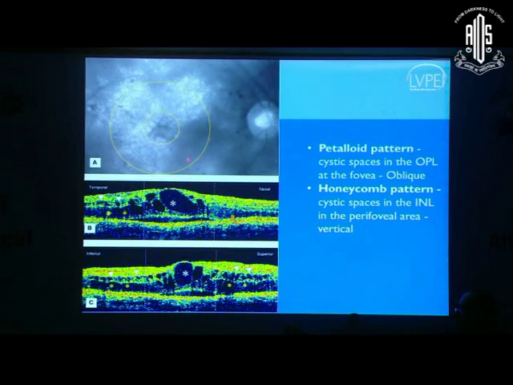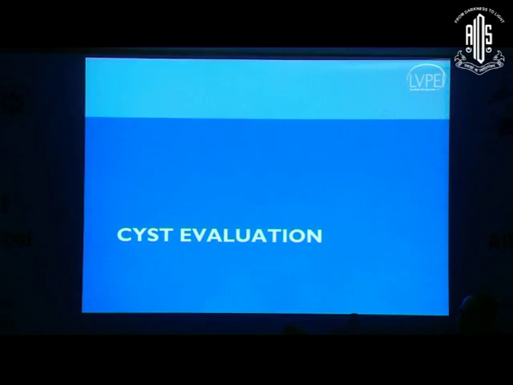They correlated these two types of pattern with the OCT: the petaloid pattern in the center was primarily due to these large cysts in the outer part of the retina, and this honeycomb pattern in the peripheral part, that is the parafoveal area, correlates well with these INL cysts, inner nuclear layer cysts. So this could be a very interesting way of looking at cystoid macular edema in diabetic cases.